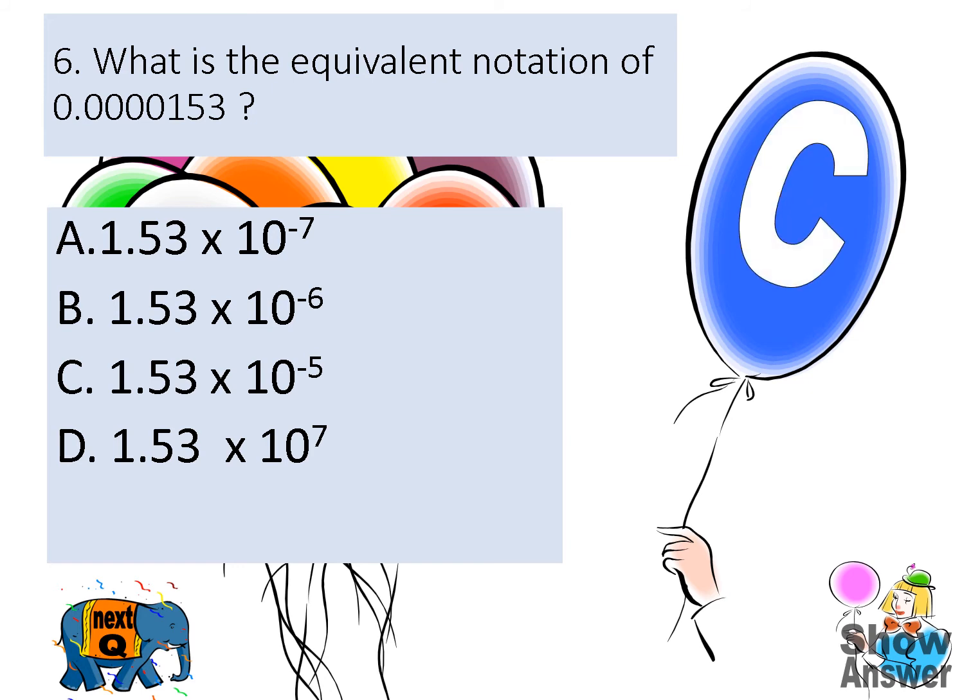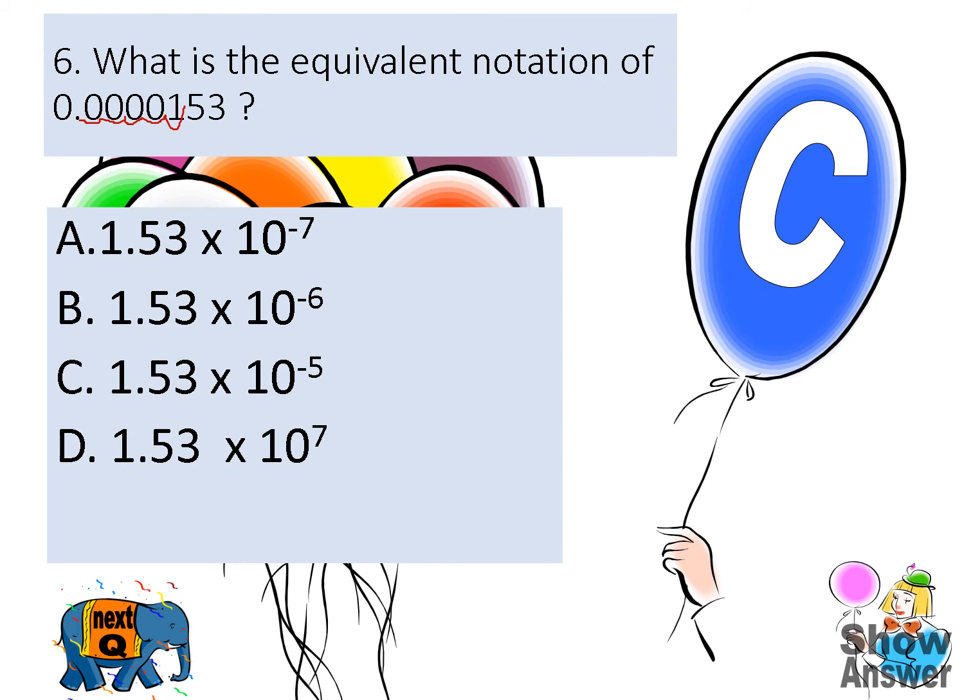It's letter C. How did we get the answer? We get the answer by moving this decimal point to the right. So that is 1, 2, 3, 4, and then 5. We'll stop here because our first factor has already one digit, which is a whole number.